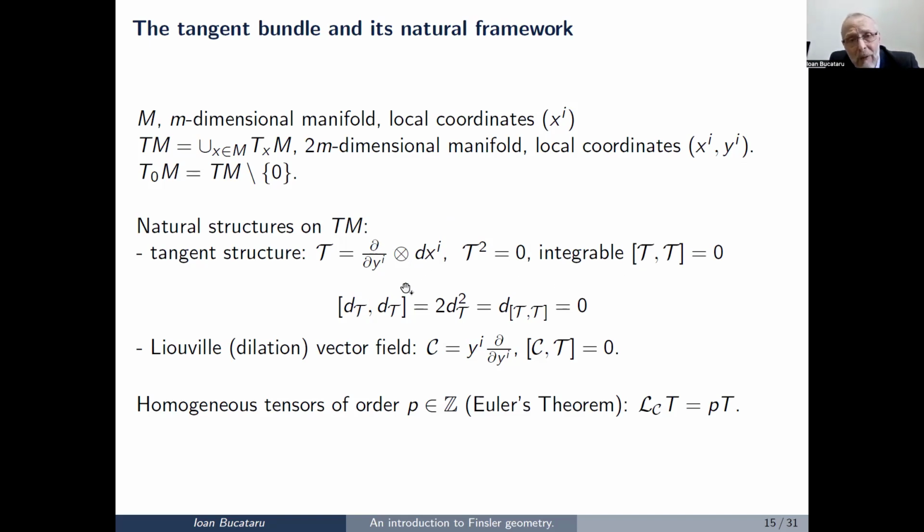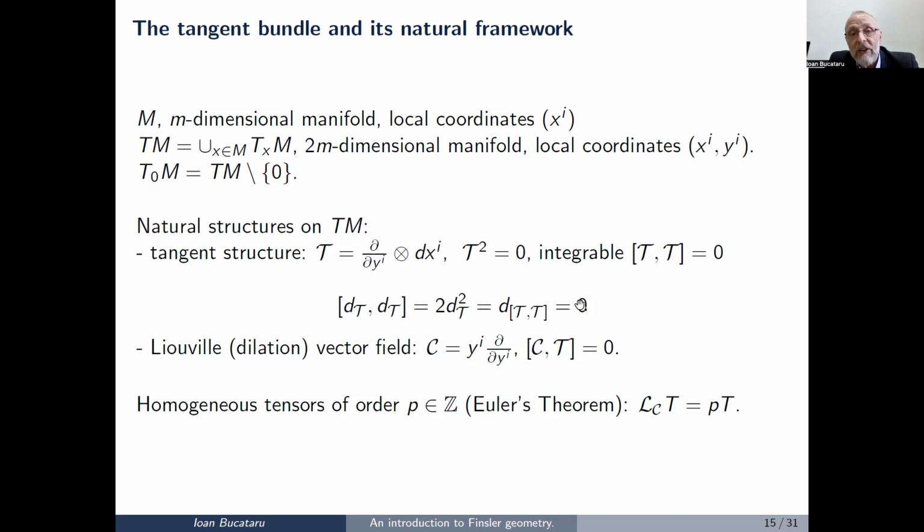So its local expression here allows that its Nijenhuis torsion vanishes, and this integrability is easy to see from here. But what is important is that because we have this vector valued one form, the corresponding derivation has this property. So actually, you can use this as a derivation, and you have a Poincaré type lemma.